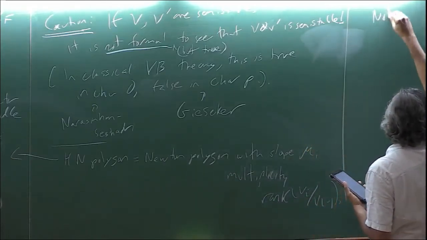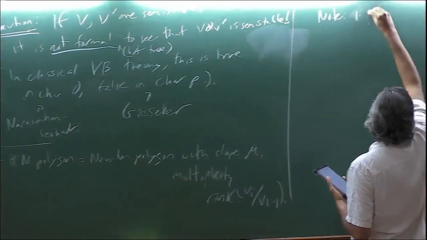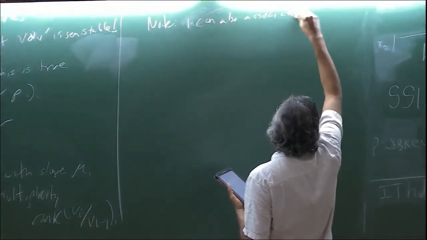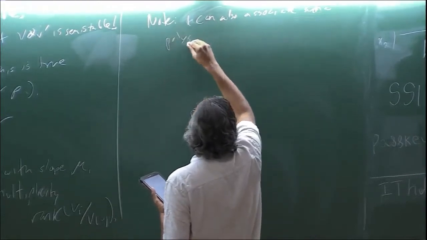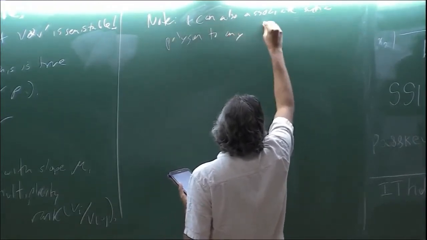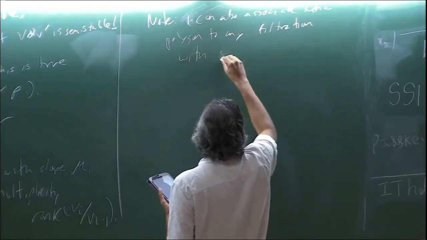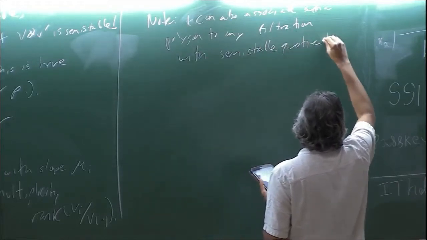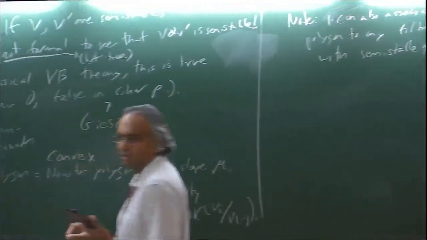Note, I can also associate such a polygon to any filtration with semi-stable quotients. And I guess we're using convex Newton polygons.